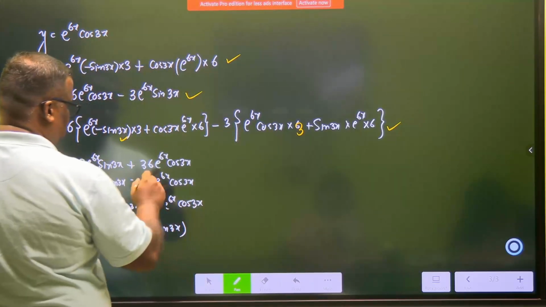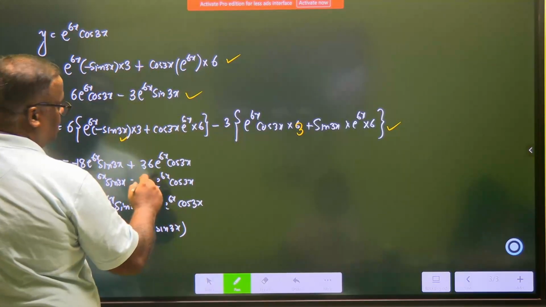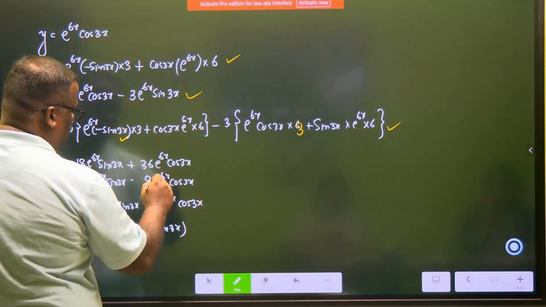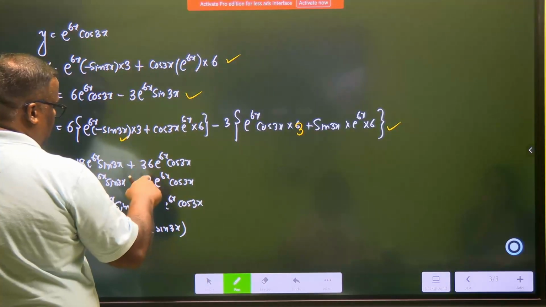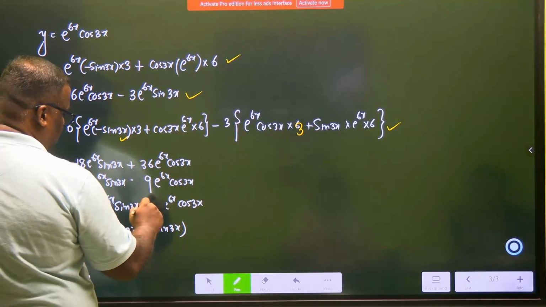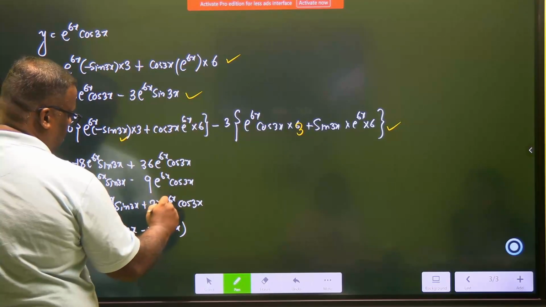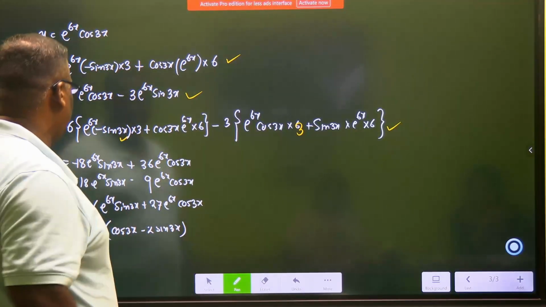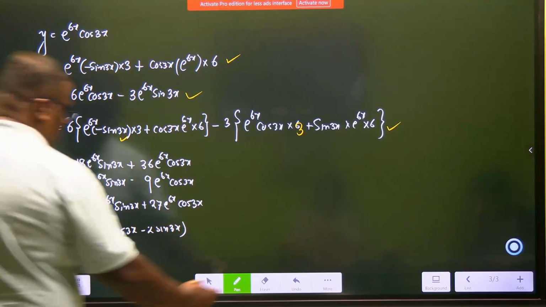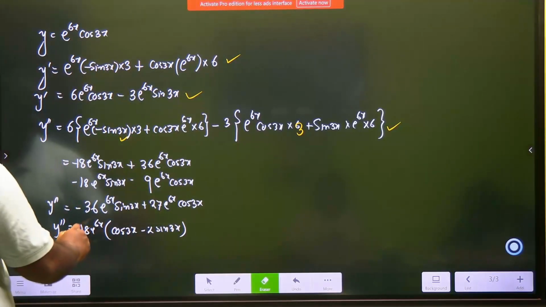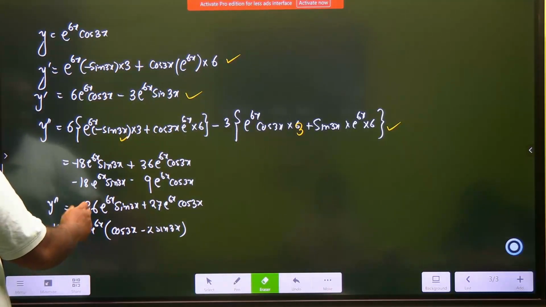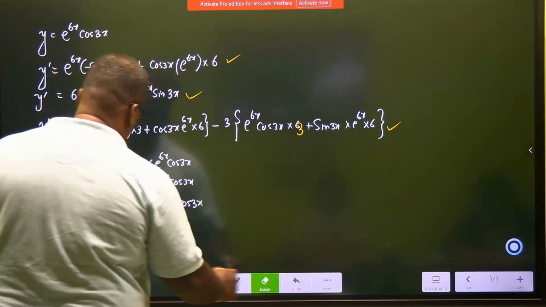Okay, this is minus 9 e to the power 6x, and 9 and 36 gives you 27 e to the power 6x. 27 and 36, what should be the HCF? 9 4s are 36, 9 3s are 27. So 9 is the HCF.